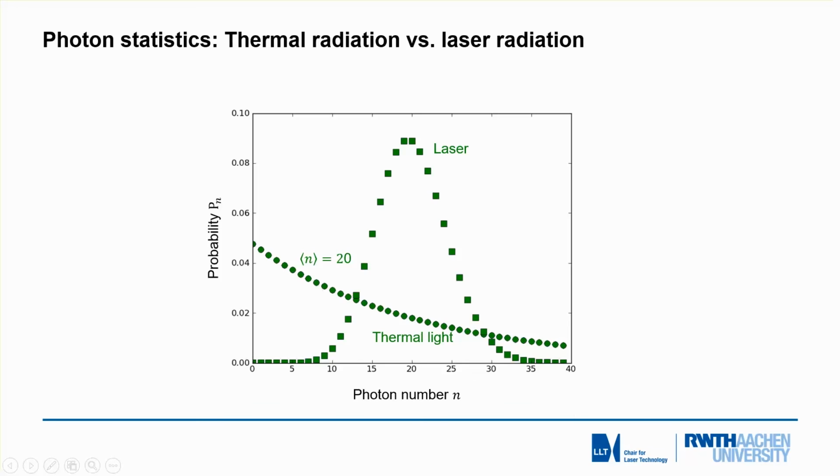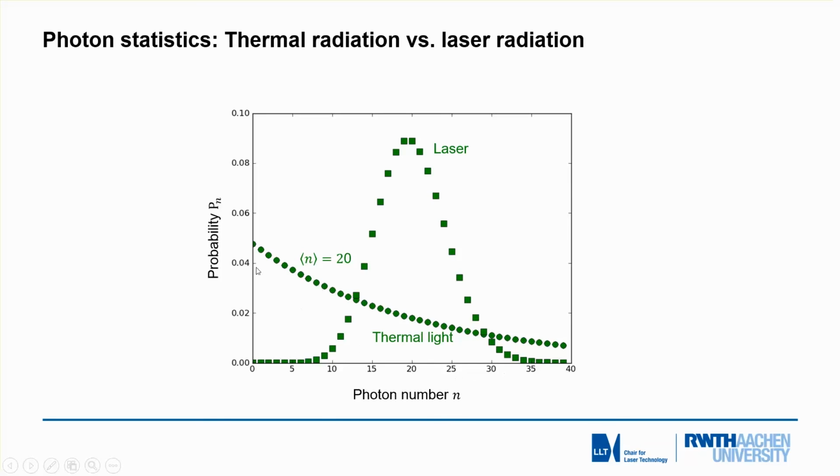To summarize, you see now here for an average number of 20 photons that using a thermal light source we will have an already very similar to equal distribution of the probability, so it is quite likely to measure 5 or 35 photons.